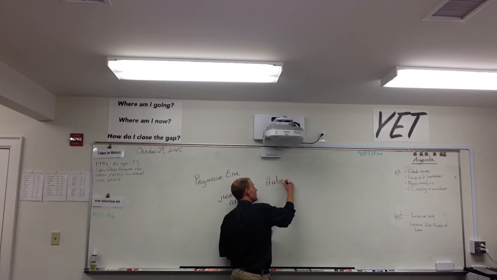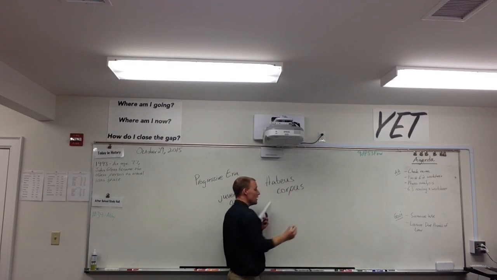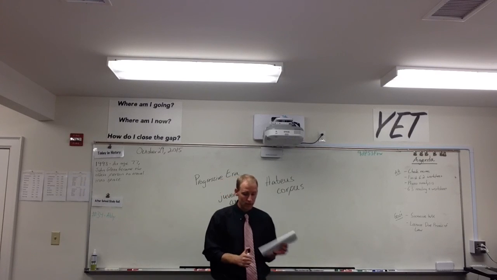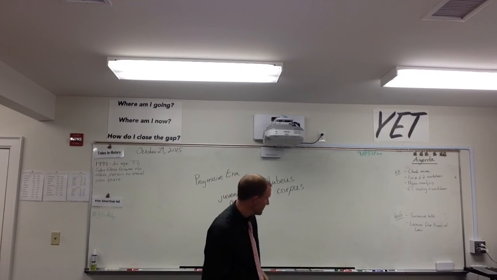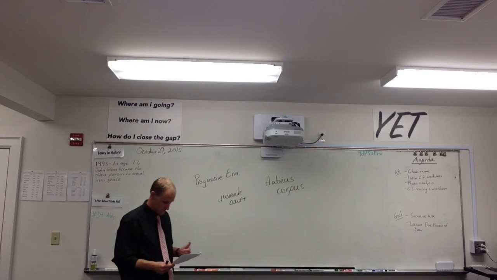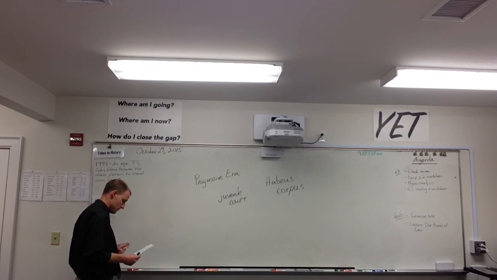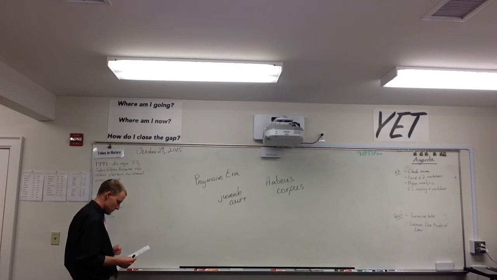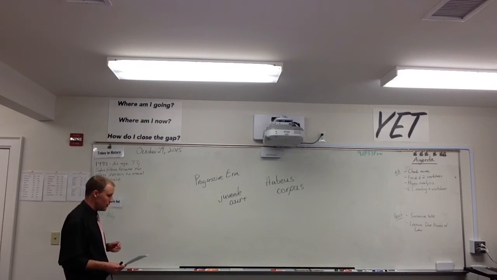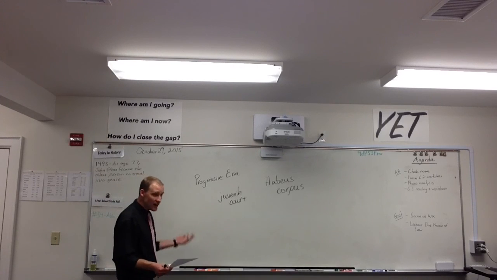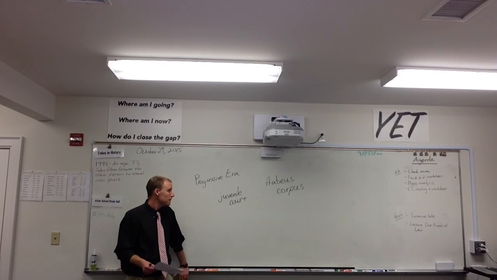Congress actually has the ability to suspend habeas corpus in periods of national emergency. Right? Periods of war, periods of, if there's an invasion or rebellion or something like that.